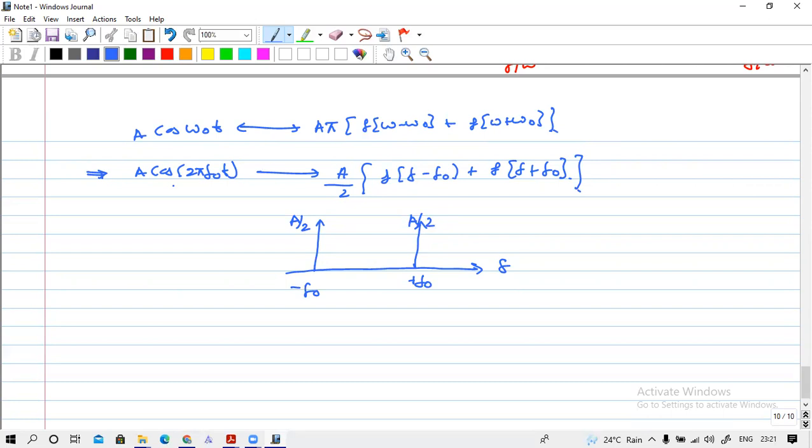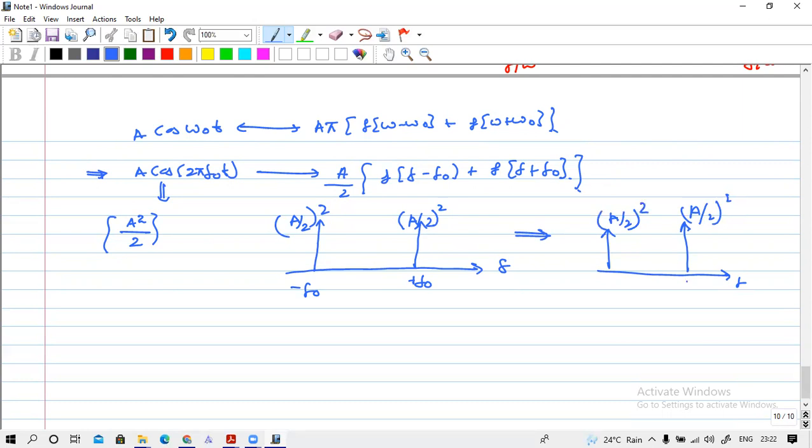So you know that the power of this total signal, we have found this already, is A²/2. This is the power of this sinusoidal signal. If I plot the power spectrum, we get the square of these two components: (A/2)² and (A/2)² for these two components.